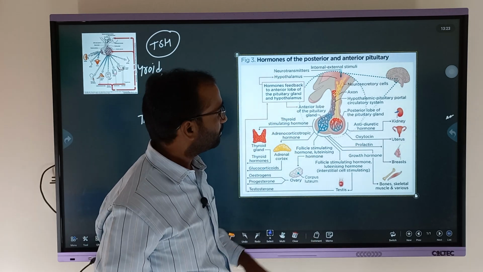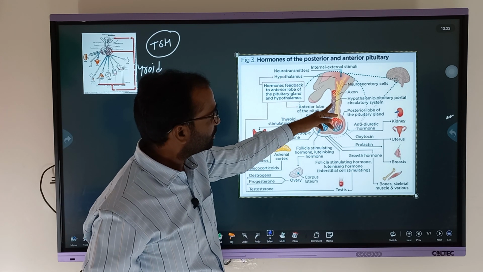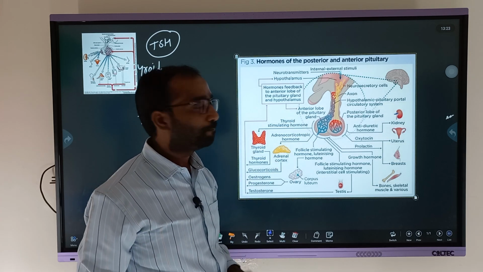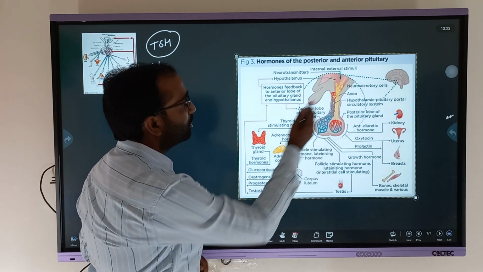Through the hypothalamic portal system, the hormones are passed and stimulate the anterior pituitary. Here the portal system is given.